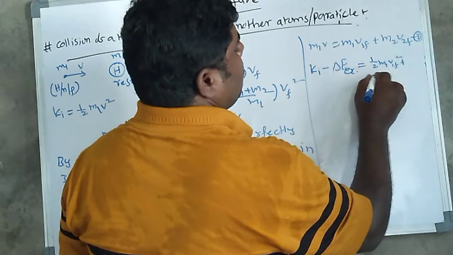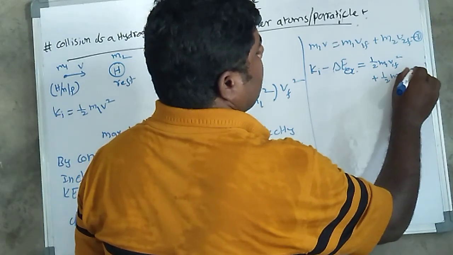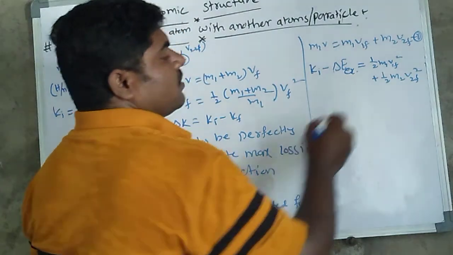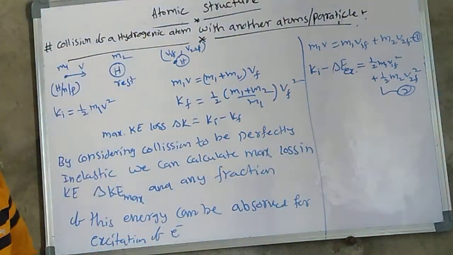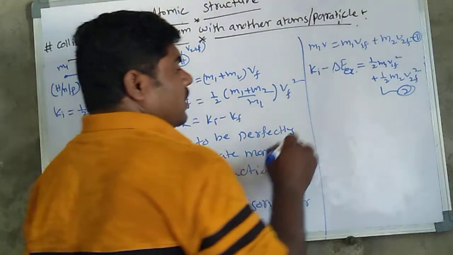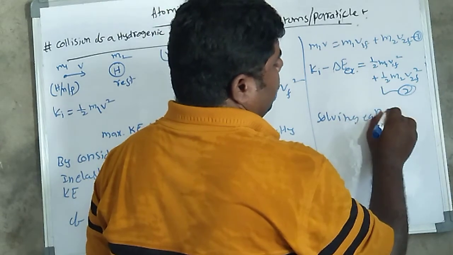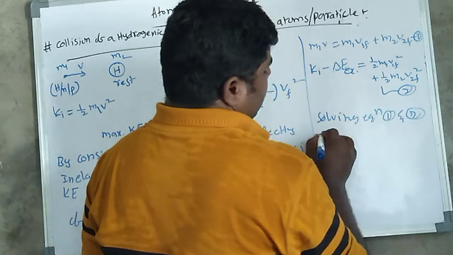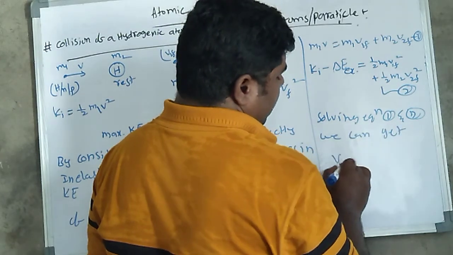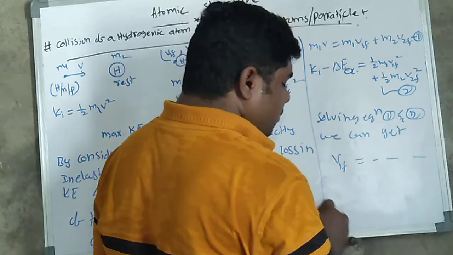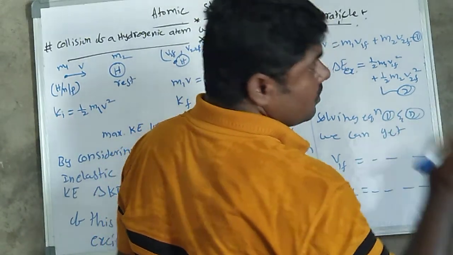So this is equation number 2. Solving equations 1 and 2, we can get the v1 final value and the v2 final value, so you may calculate. This is the homework for you.